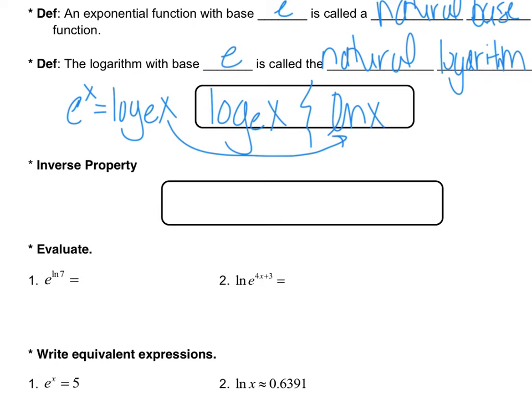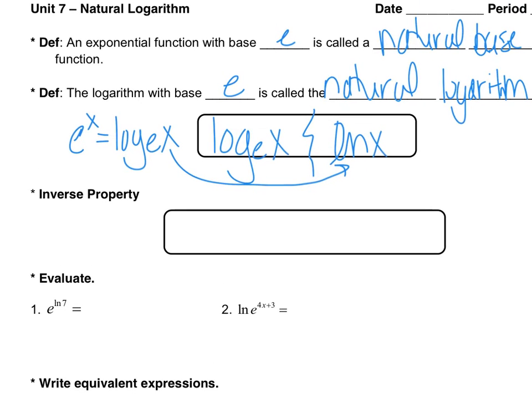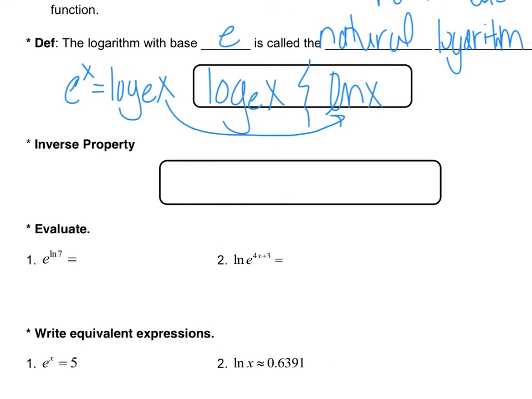So when you take the natural log of e to the x, you just get x.